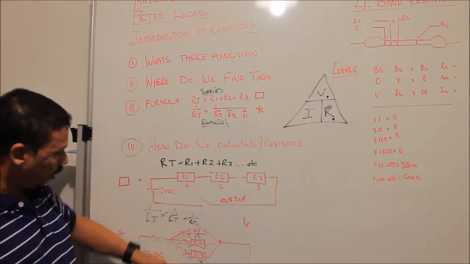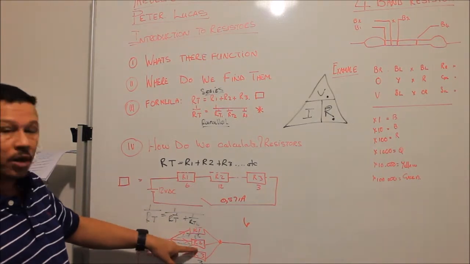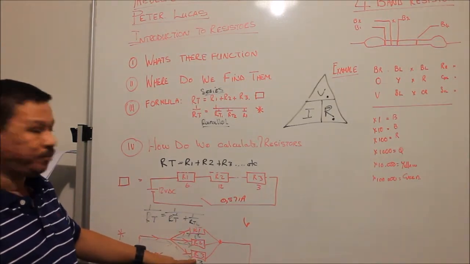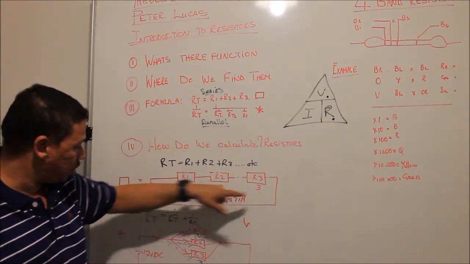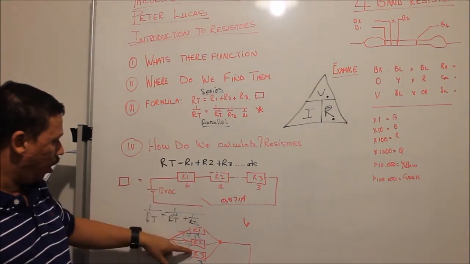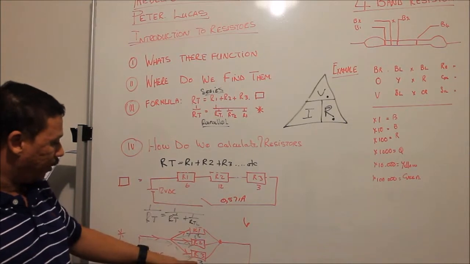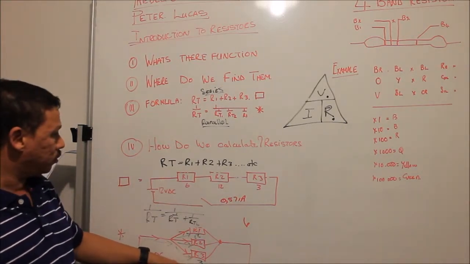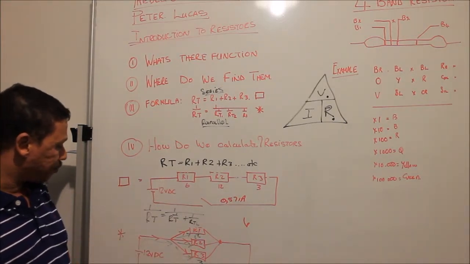As you can see, they are R1, R2 and R3. They are the same values as before. R1 is 6, R2 is 12 and R3 is 3 ohms.